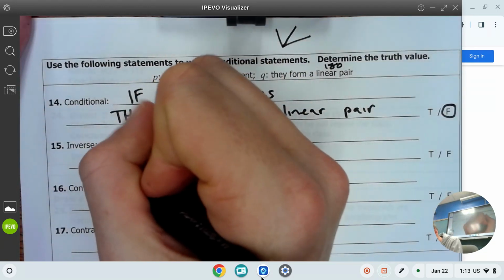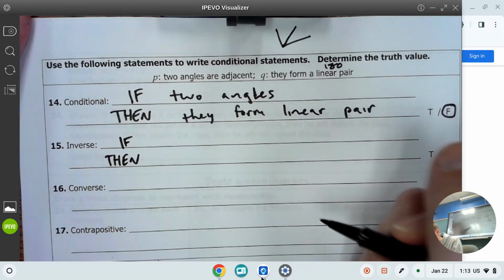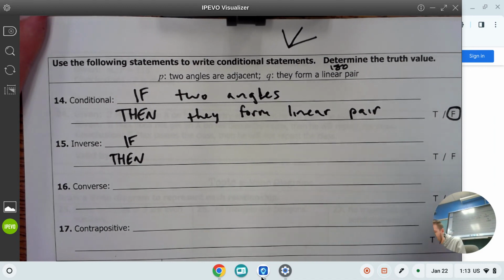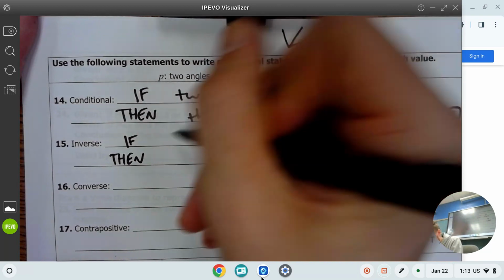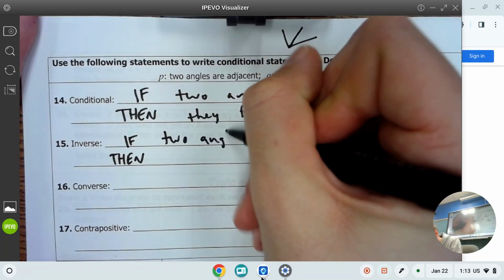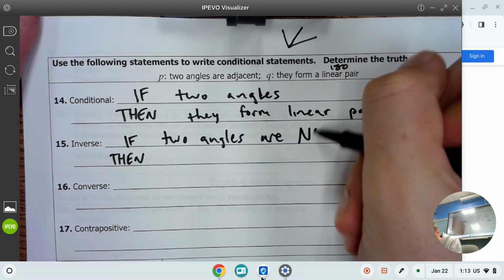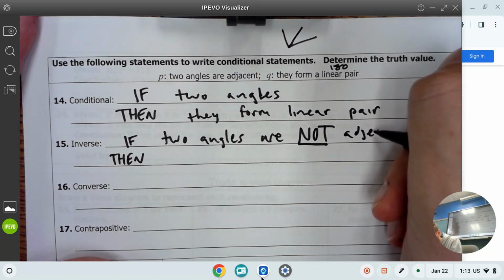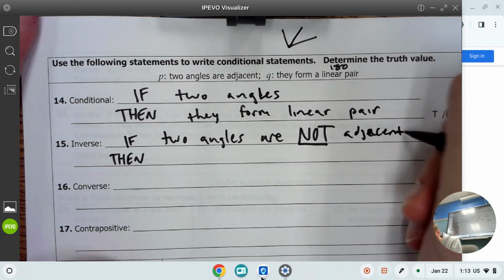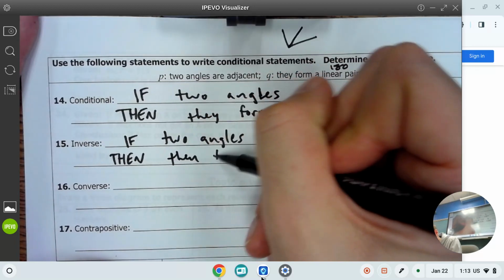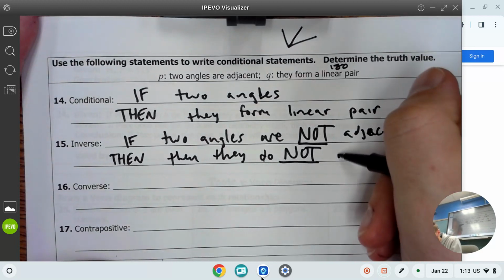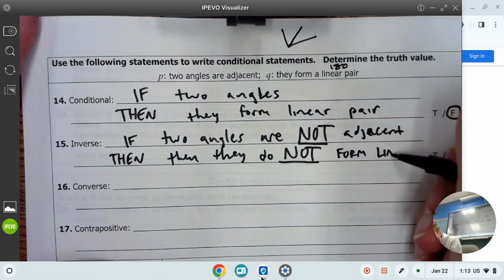The inverse. You still put your if. You still put your then. But then you got to do the inverse, meaning you got to put those squiggly lines on there. You say, if two angles are not adjacent, then they do not form a linear pair.